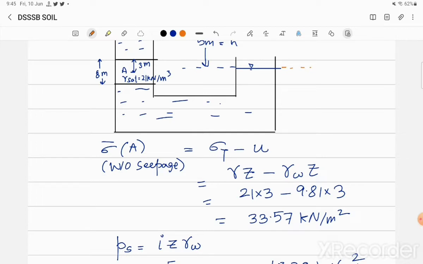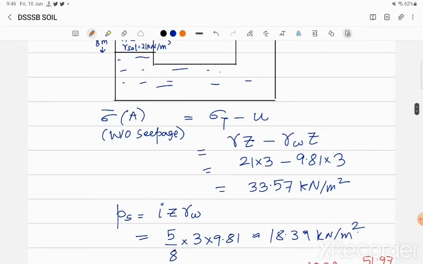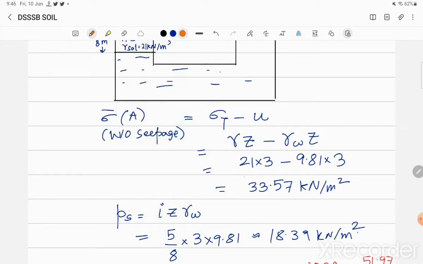Here it would be 3 meters from the diagram, while the pore water pressure is calculated by multiplying gamma w into z, that is unit weight of water into the depth at which we ought to find the pore water pressure. From calculations we'll find that the effective stress without seepage would be 33.7 kilonewton per meter square.